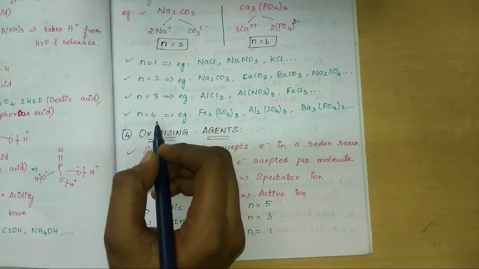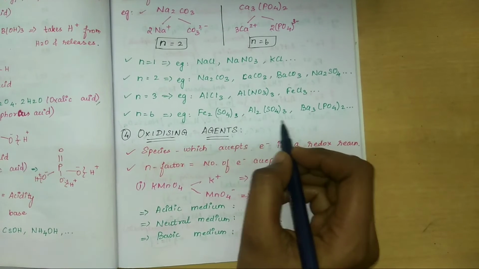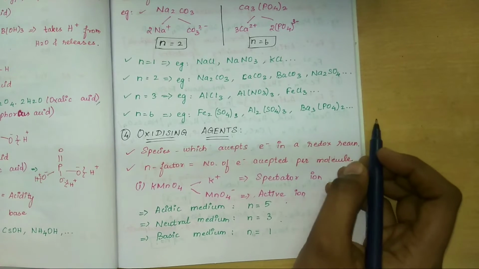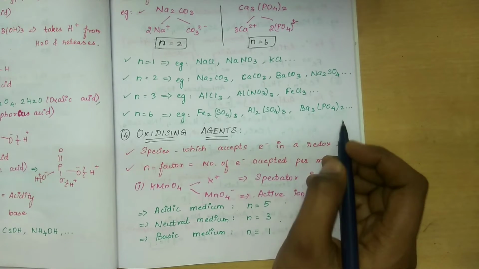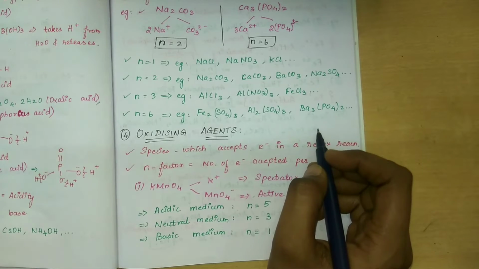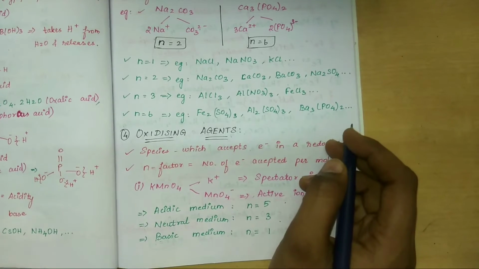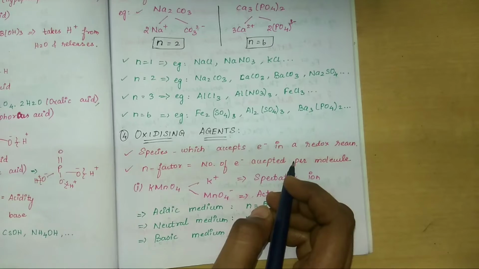If n equals 6, examples are Fe2(SO4)3, Al2(SO4)3, Ba3(PO4)2. If you want to find it, split the salt into its ions, and multiply the number of ions and its charge. You will get the N factor for the salts.